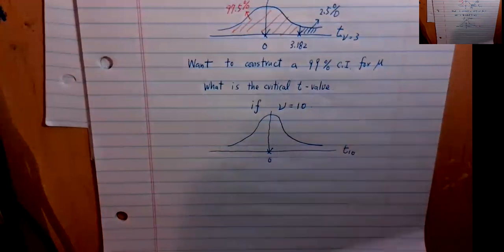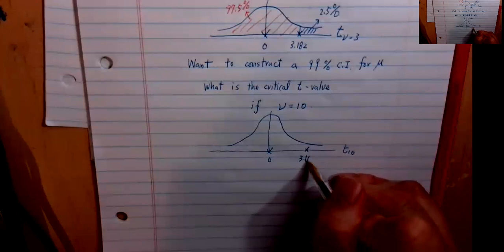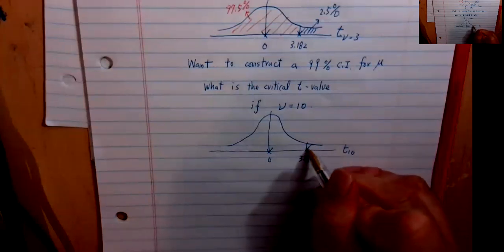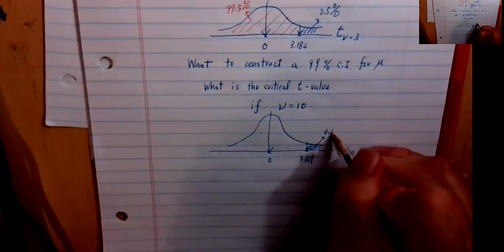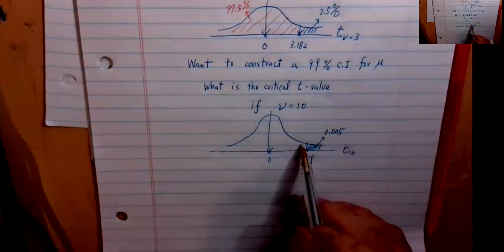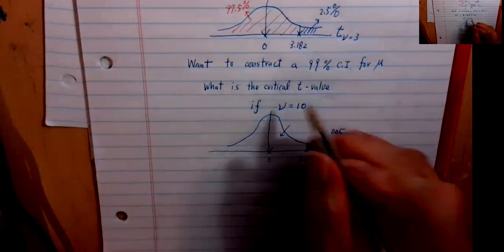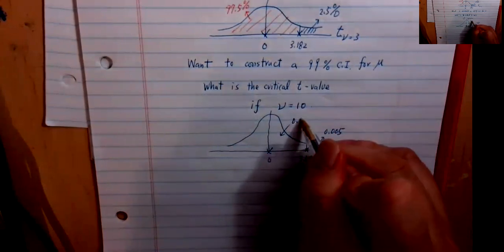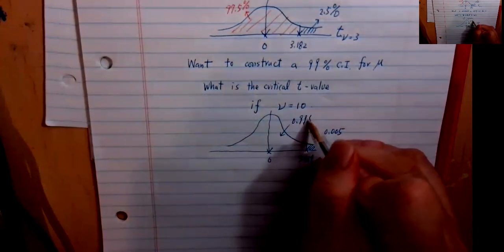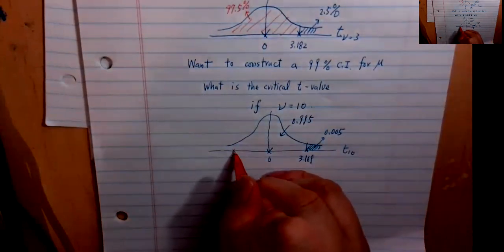Okay, that is to say, this number, 3.169, the corresponding upper tail is 0.005, and the corresponding left tail will be 0.995. But the t distribution, just like the normal distribution, is symmetric, right?